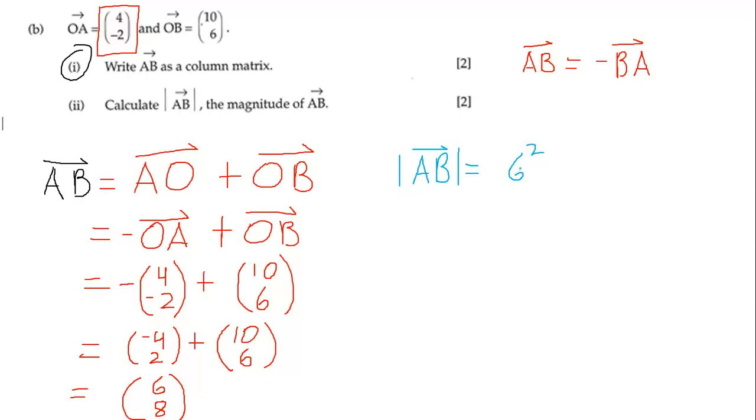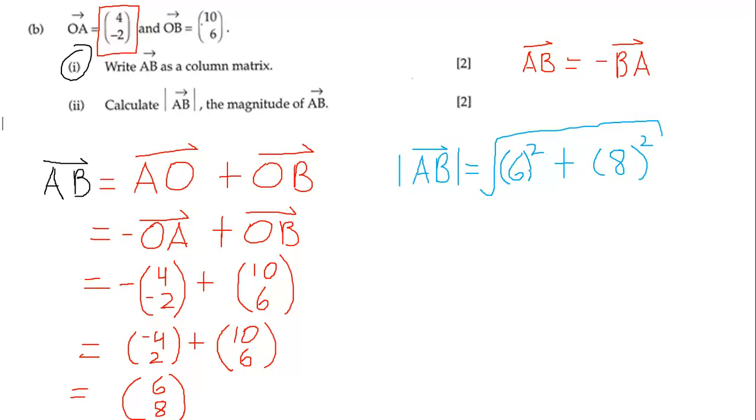And that's what we mean when we say 6 squared. So 6 squared is 6 times 6 plus, we're going to take the 8 and square it as well. So it's going to be 8 squared. And then we perform the square root. Okay, and that's how we find the magnitude.